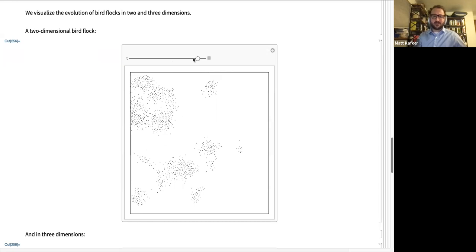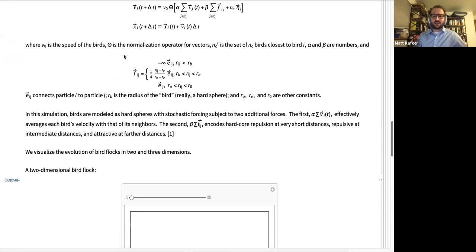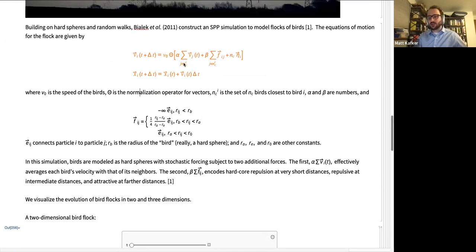And part of the reason they do that is that these interactions are actually topological and not metric. And what that means is that the birds are interested in their 7. That 7 is an empirical value that experimentalists actually measured from real flocks of birds. But they're just paying attention to the closest birds around them, and they're not actually interested in how close those birds are. So it's just sort of like stay close to your 7 closest friends wherever they are.